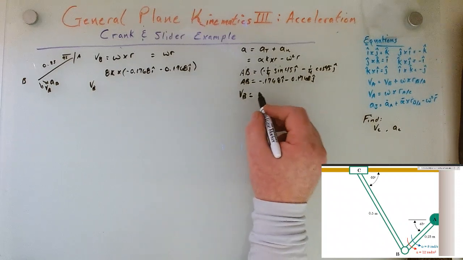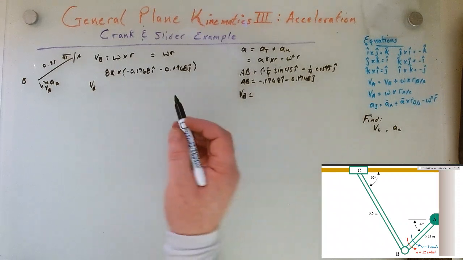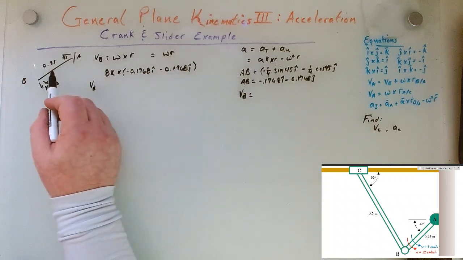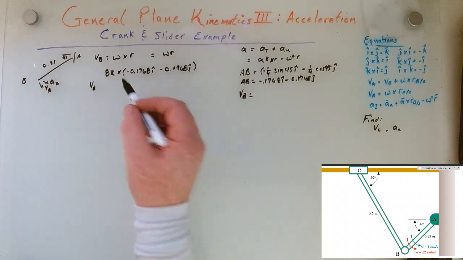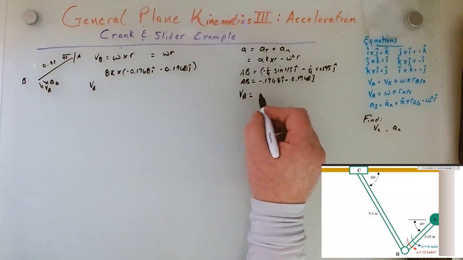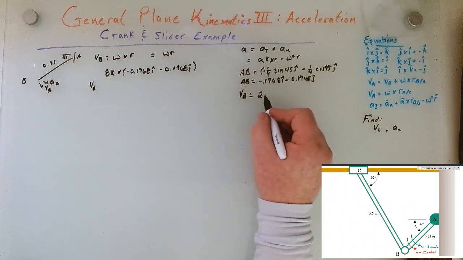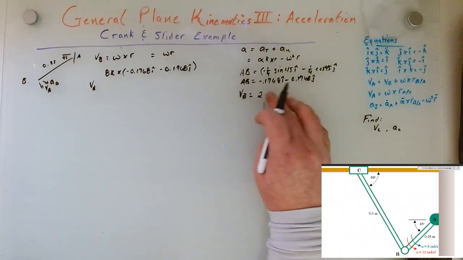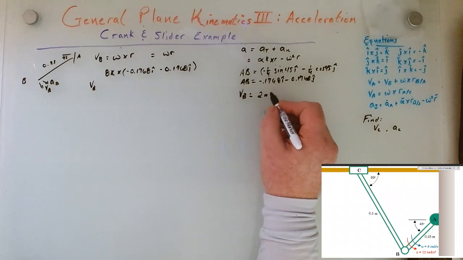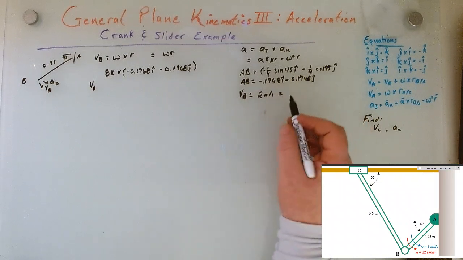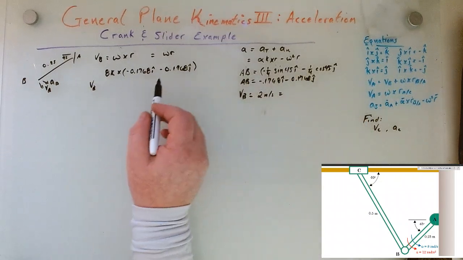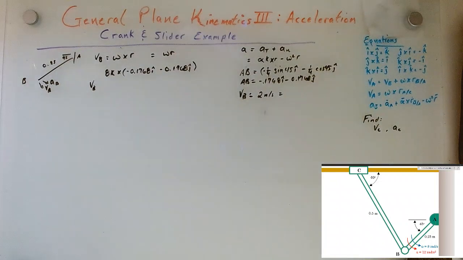So that means that VB is going to be equal to either 1/4 times 8, which is 2 meters per second. And also, 8 times the value we just calculated is 1.4142.